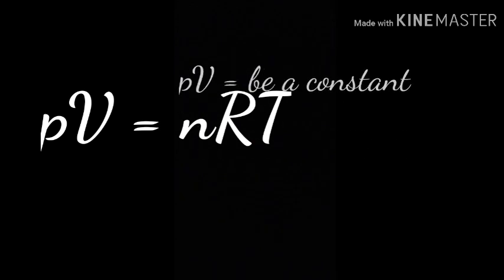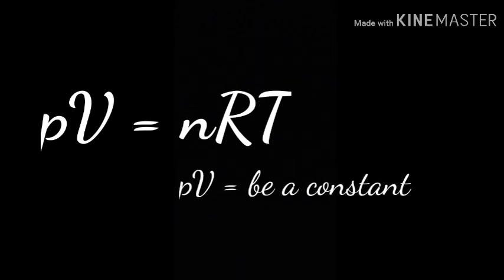For checking the reliability of this relationship, we first plot a graph between P and V. Now, we know that at constant temperature, as Boyle's law states, PV shall be a constant. Therefore, the graph between the two shall be a straight line.